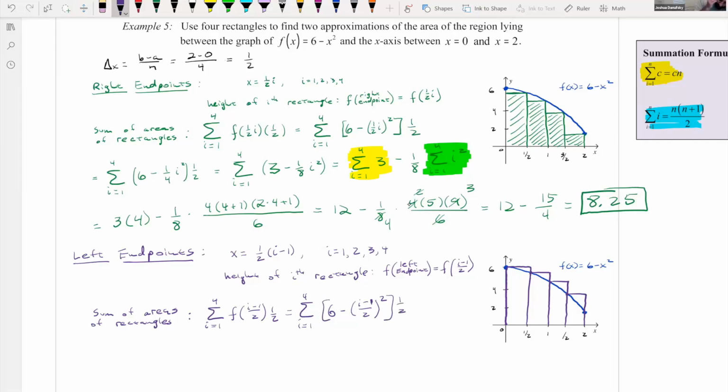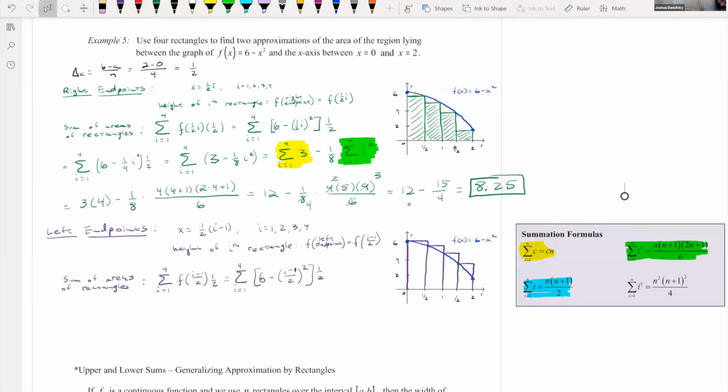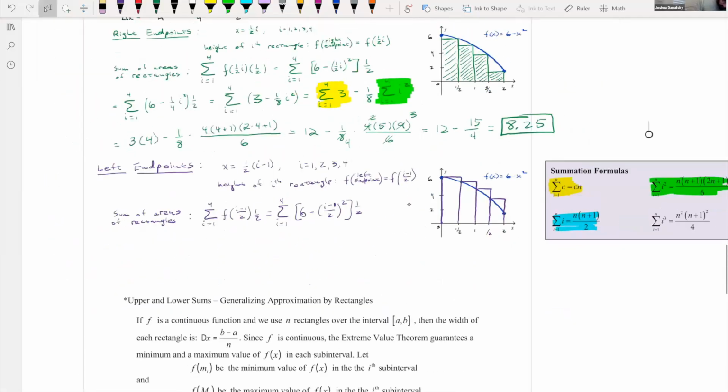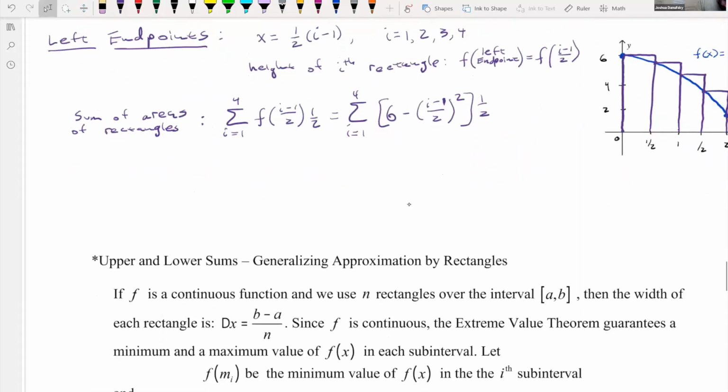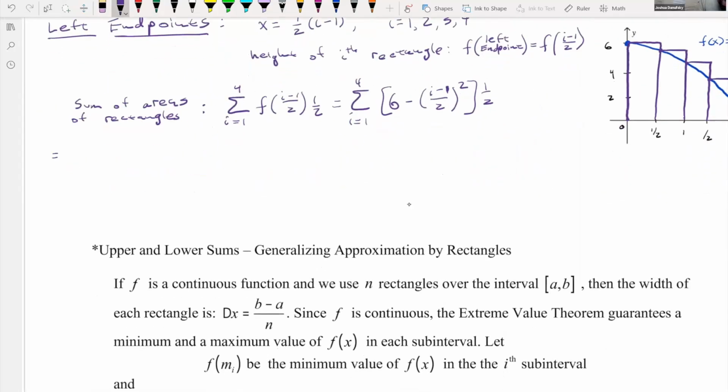And so now we've just got to simplify this down and use our summation formulas to evaluate, and then we'll be in good shape. So what do we get? We have the sum i equals 1 to 4 of 6 minus, well, if we square this, we're going to get (i squared minus 2i plus 1) over 4.